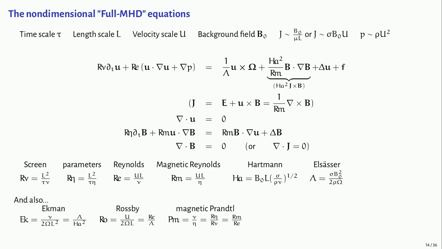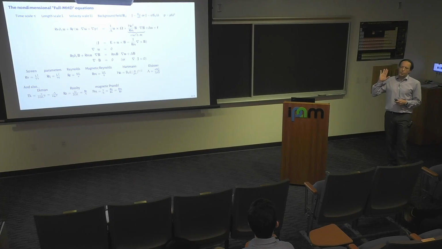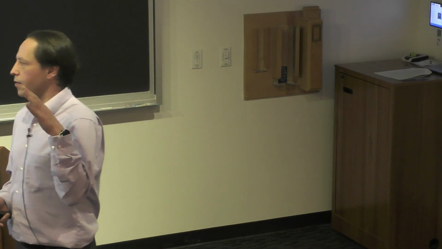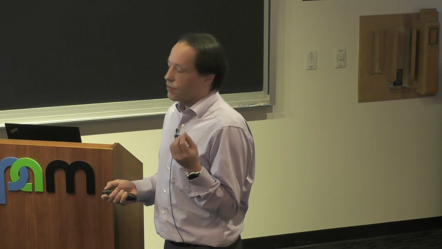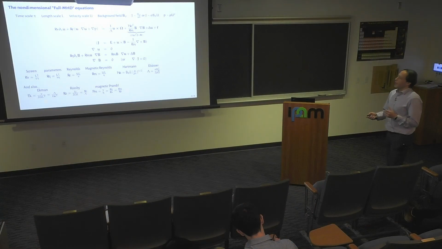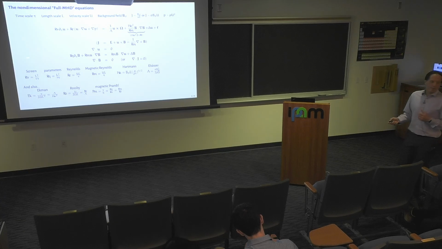They are typically the ratio, if you have a quantity that oscillates and diffuses into a medium, that gives you the penetration depth inside that medium against the global scale. These are large if your oscillation is fast, or if your time scale is short. So two screen parameters, and they're different: there's a viscous one and there's a magnetic one.